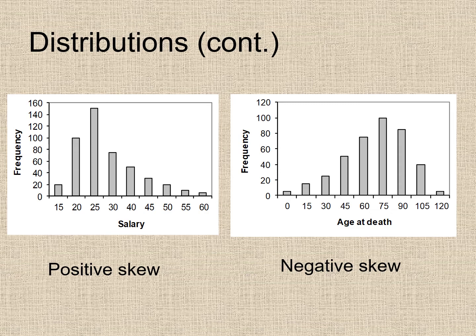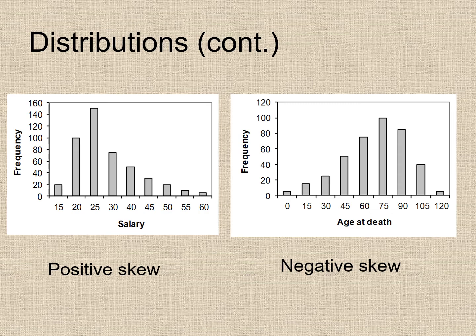So let's imagine we have a frequency distribution that looks something like this. In this case, we have a peak at 25 and the lowest value is 15. So that's a difference of 10. If we go upwards the same amount, we come to 35. But there are people with much higher salary, much higher income than 35.